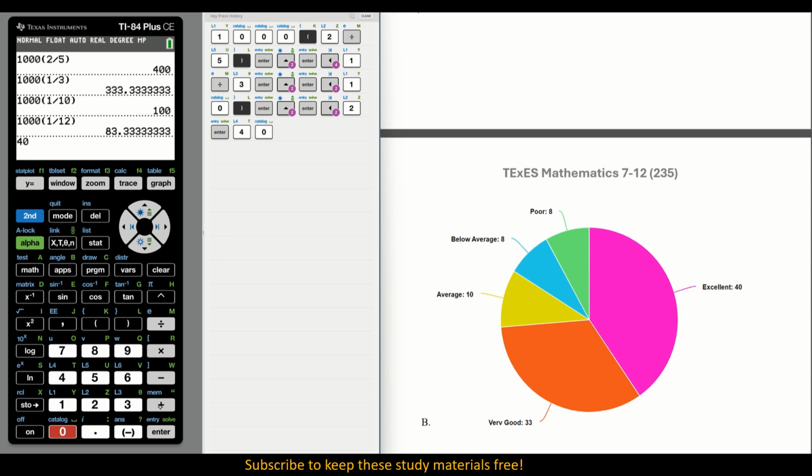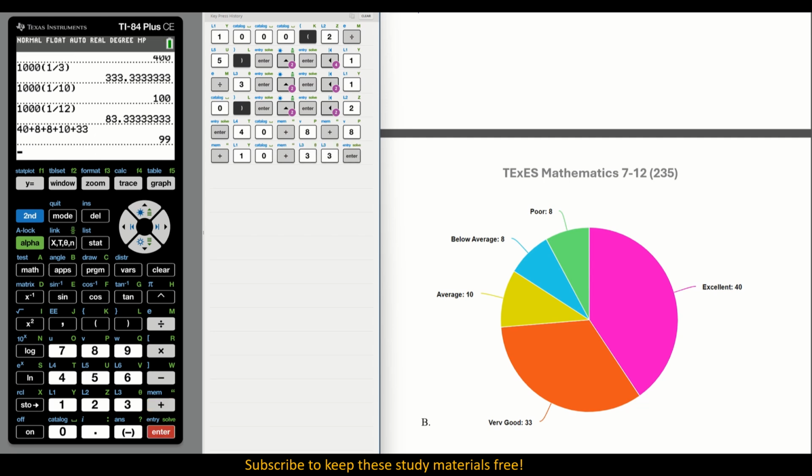So let's see, 40 plus 8 plus 8 plus the 10 and plus the 33. It's only 99. Okay, so that's showing that there is an error because our decimals were taken off, and even rounded it would be better, would be more appropriate.